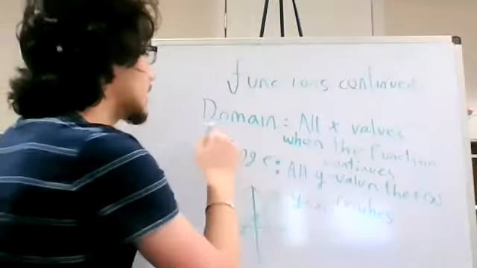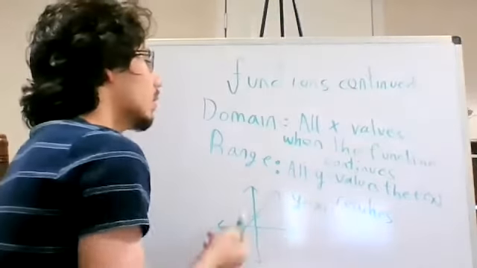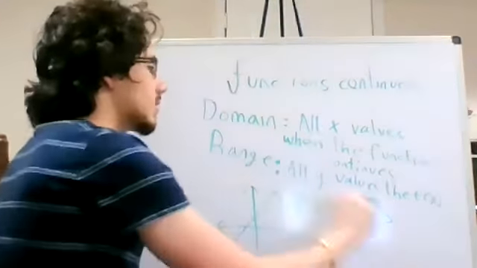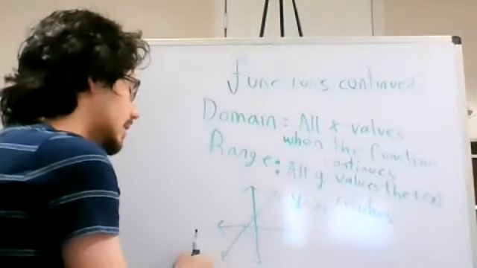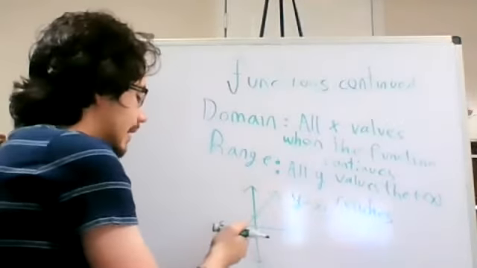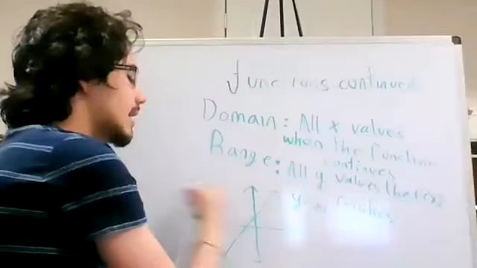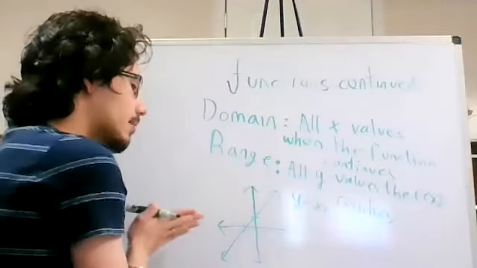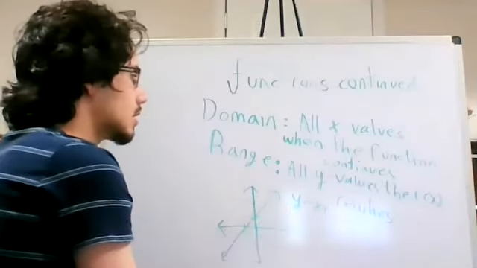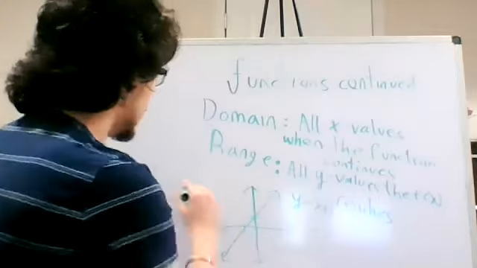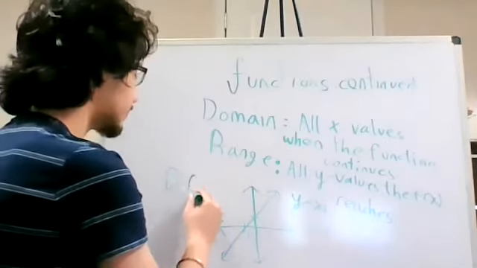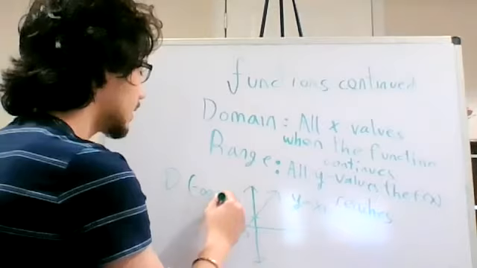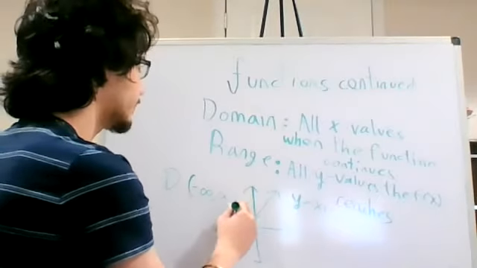And if we were to analyze its domain, where the domain is all the x values that the function reaches, we see that the line goes in the negative x direction forever and the positive x direction forever. So its domain is from negative infinity to positive infinity.